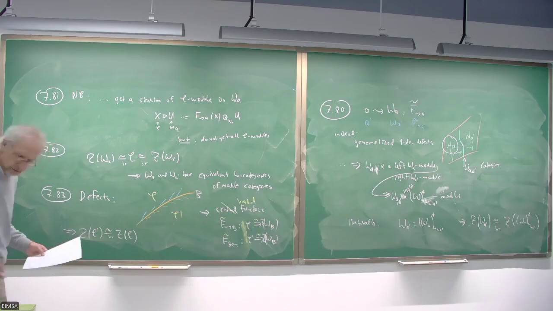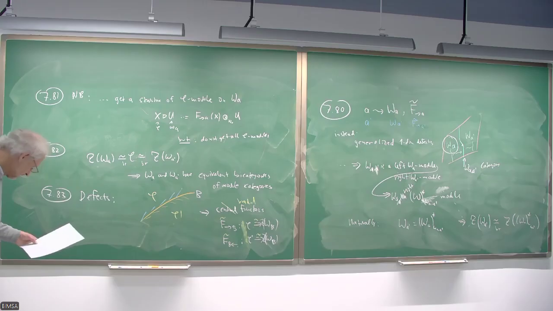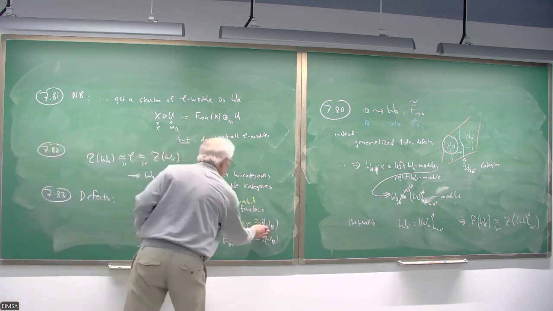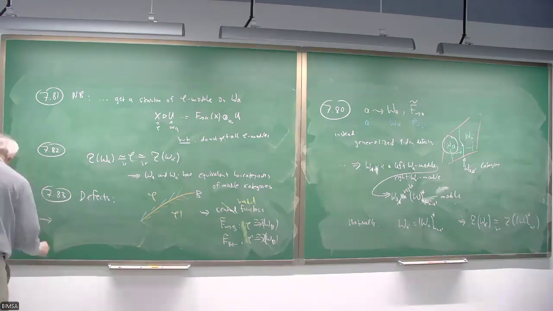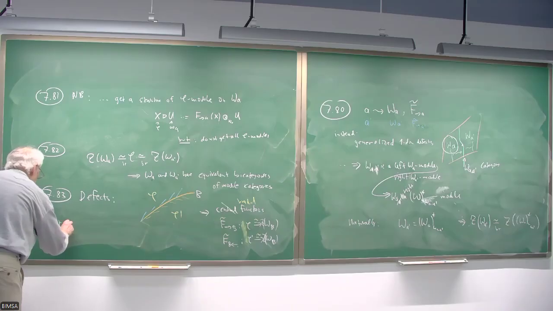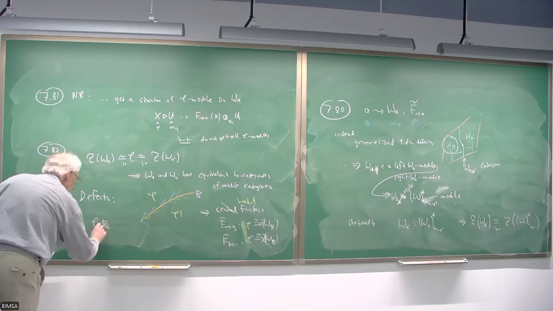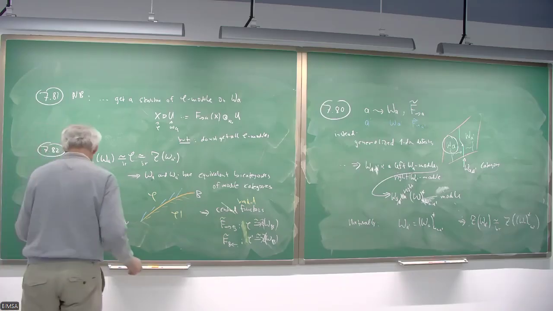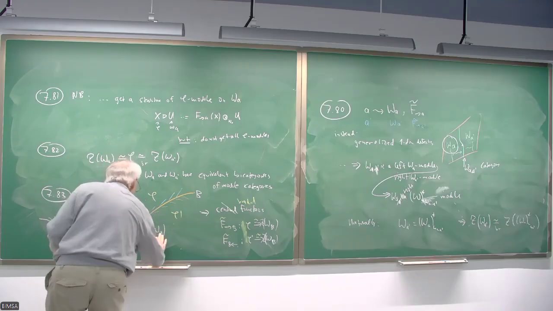Let me see. Wait. No, wait. Using that the center is braided, I can combine this to get a braided functor from C boxtimes C prime reverse to the center. That's what I want.